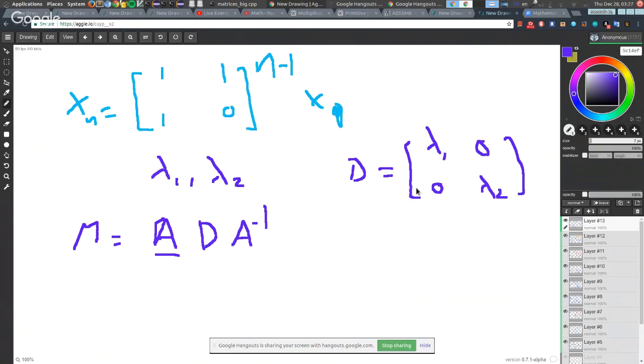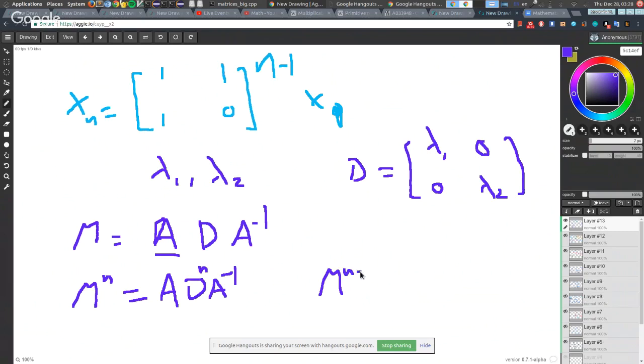What is so special about the diagonal matrix is that when we raise M to the power of n, this is basically equal to this value. This we can prove by induction.